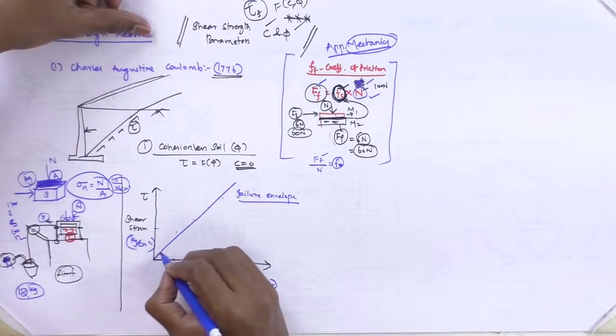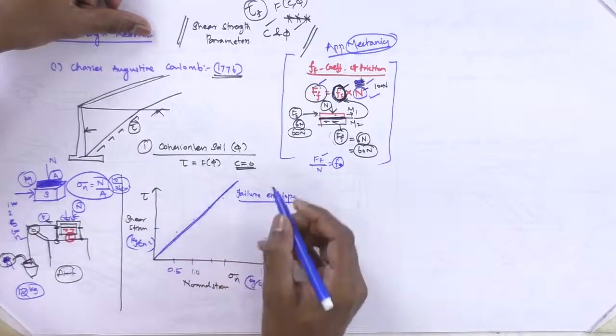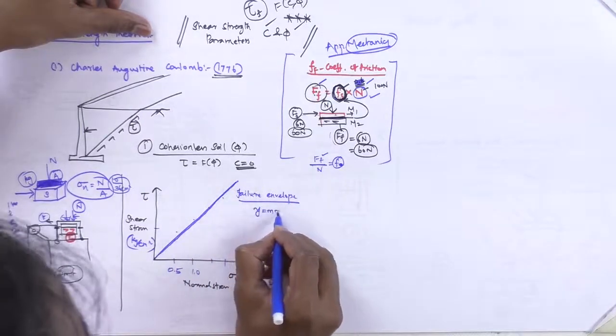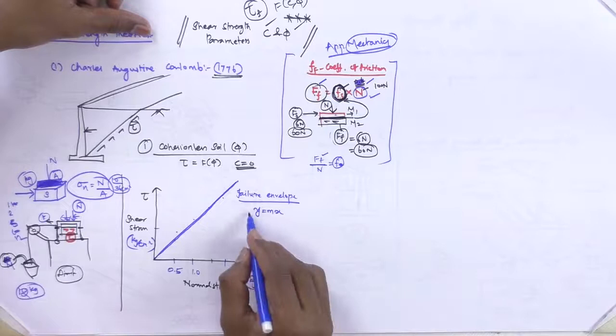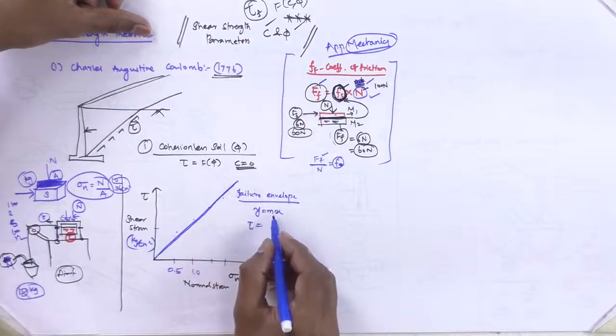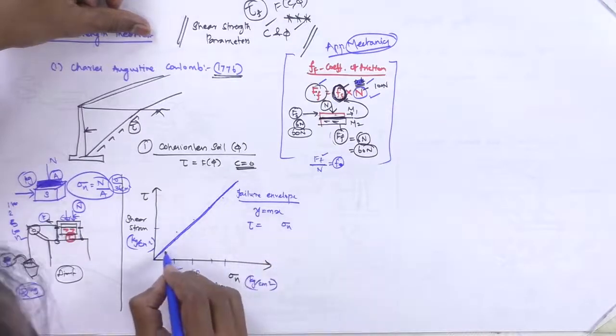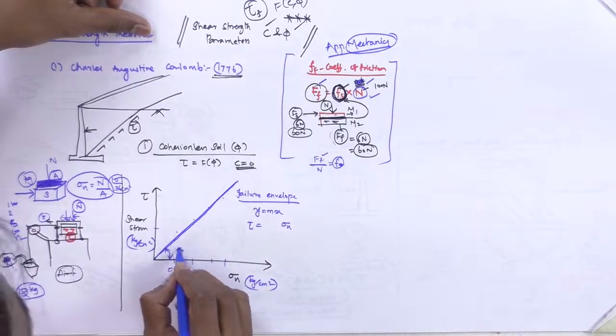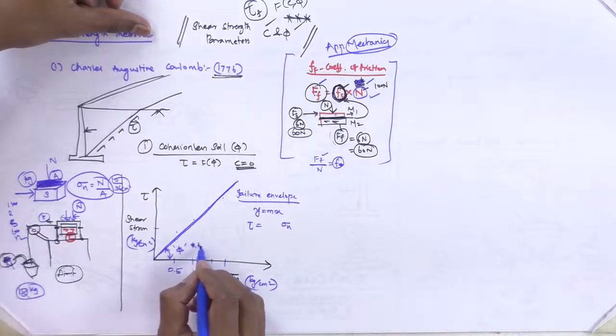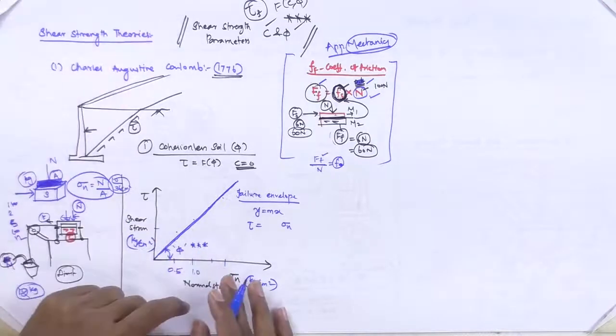It is a linear line. As you know, for a linear line the equation is y equals mx. So in the y direction we have tau, in the x direction we have sigma. So this is the angle of internal friction that I explained.